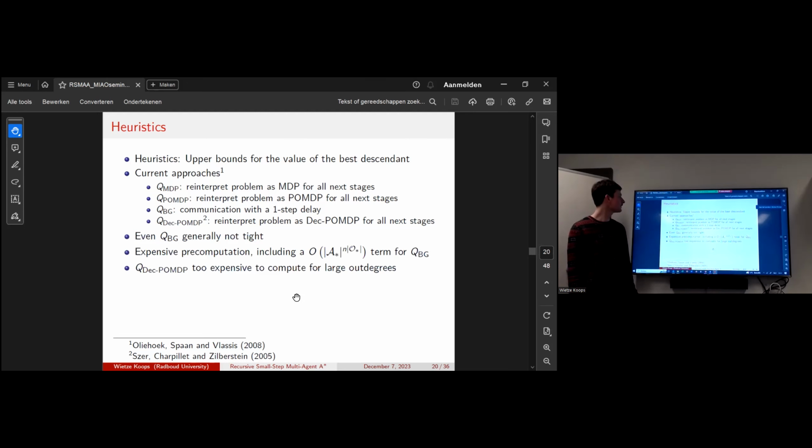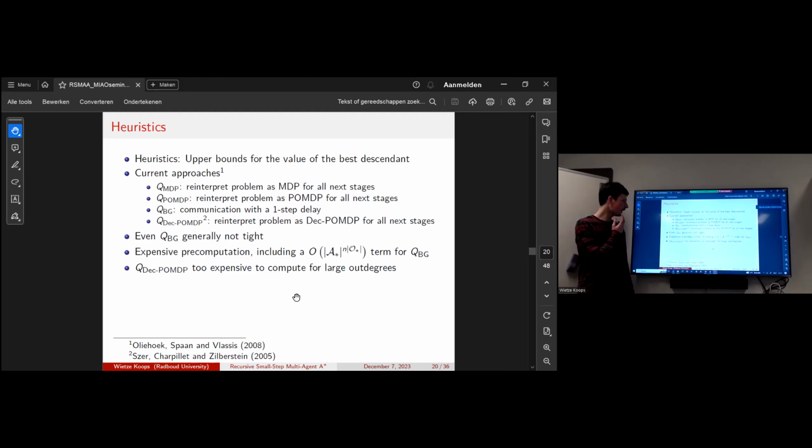So what are the problems for this? Well, so this QMDP, QPOMDP, and QBG are in sort of increasing order of tightness, but even QBG is generally not tight because you still reveal a lot of joint observations eventually. And also there is an expensive precomputation for QBG, which includes this stored exponentially number of observations and number of agents.